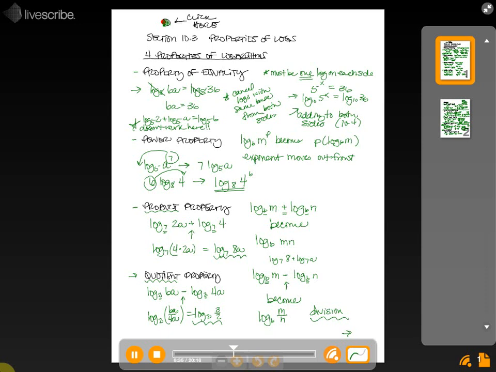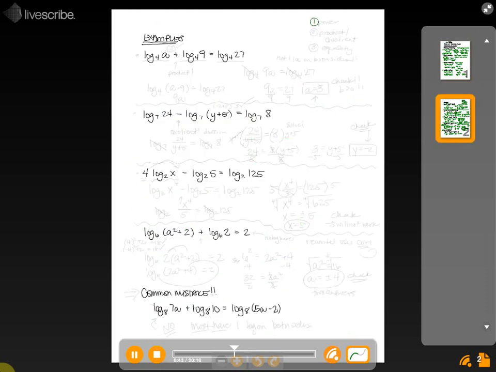Now, there's a certain order we need to check when we're combining logs and we're doing these examples. The first thing we should always check for is the power property. We didn't go over them in the same order that we need to check them in. The second one, and these kind of go together, and you may have both in the same problem, is the product and the quotient property.